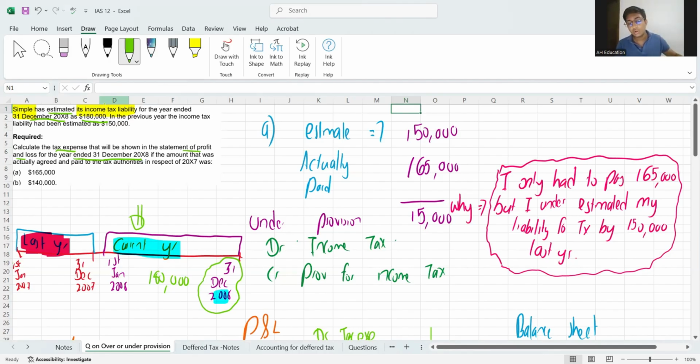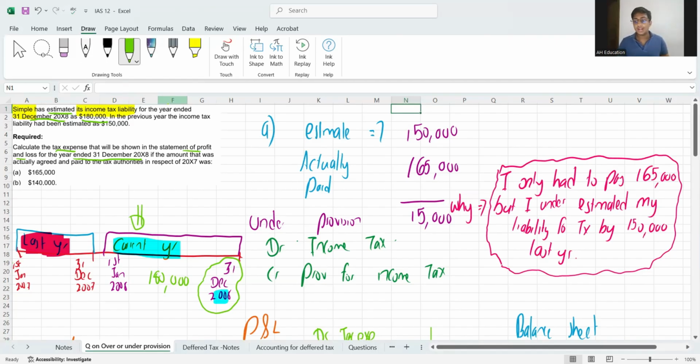And you all very well know, your current year's tax payment will only be paid in your next financial year, which is 31st March 2009. Okay.